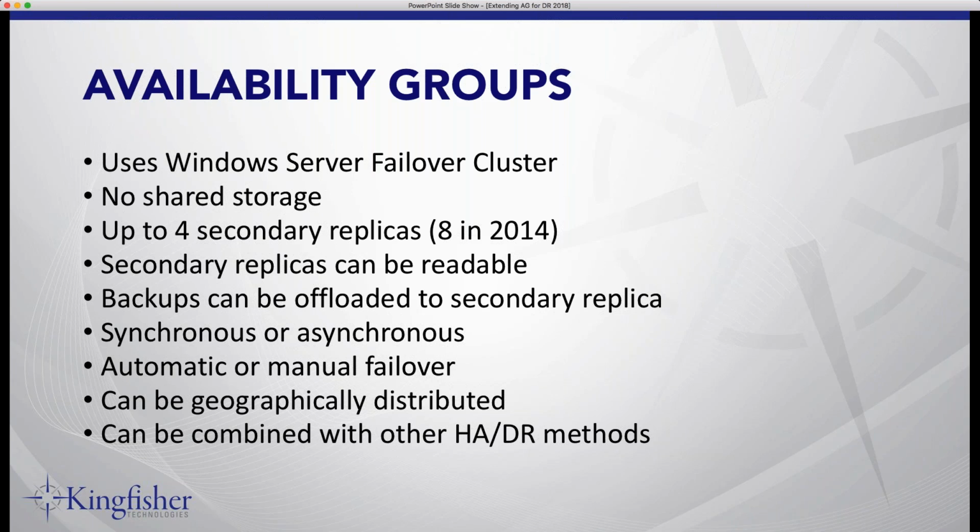The nice thing about having these asynchronous replicas as an option is that now we can geographically distribute these as well. And so we're not tied to that single data center. And these can also be combined with other HADR methods. And I've actually done that a number of times now. I have one client that I've worked with that had a failover cluster that they, for various reasons, could not rebuild at the current time, but they wanted to add an availability group for disaster recovery.